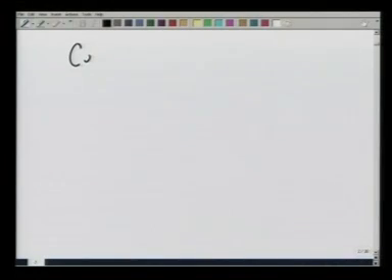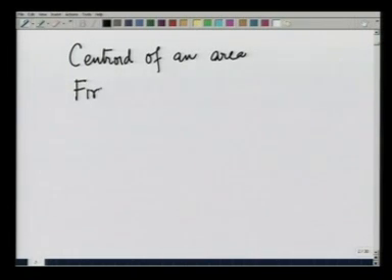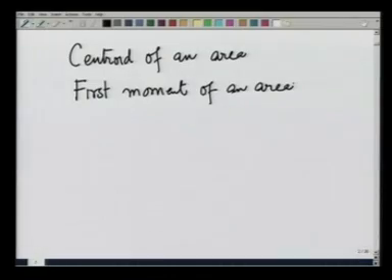In this lecture, I am going to develop concepts such as the centroid of an area, which is related to the first moment of area, and then see how these concepts can be applied to mechanics or statics in particular.